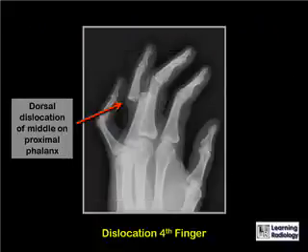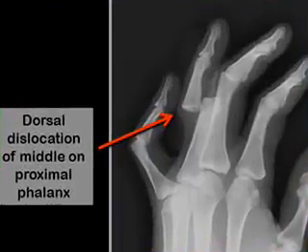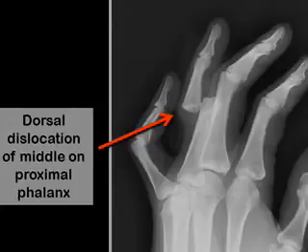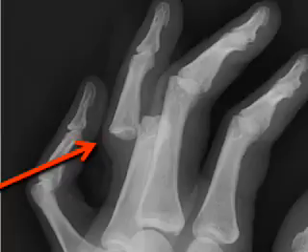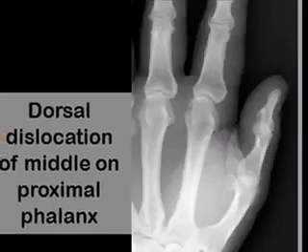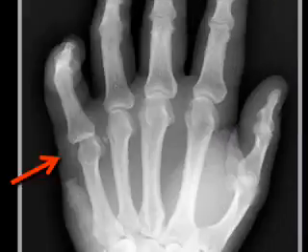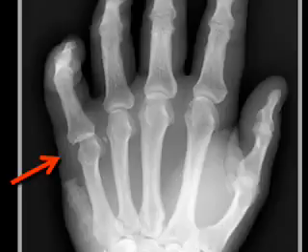This is a classical example of a dorsal or posterior dislocation of the middle on the proximal phalanx of the ring finger. This is a more subtle example of a dislocated little finger.